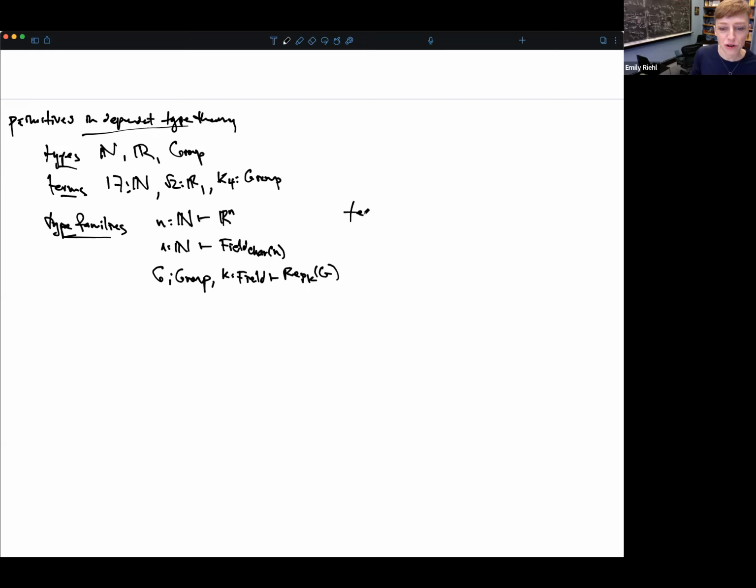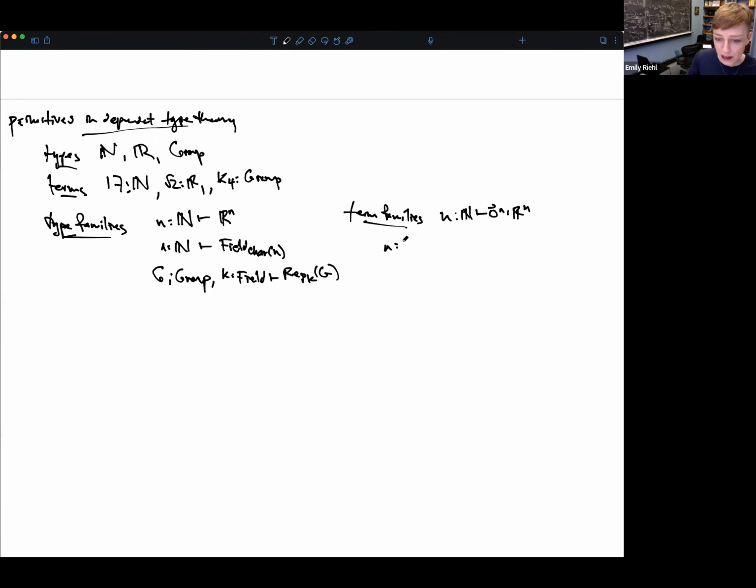And then I also have term families. In my first type family, I have this family of terms, which are the 0 vectors in Euclidean space for each n. I do not have any term families in the second type, the fields of characteristic n, because again, I cannot construct a field of characteristic 4 or characteristic 6 and so on.